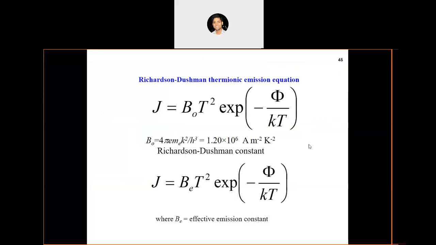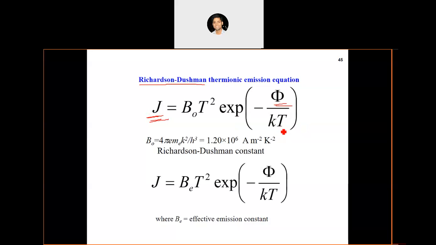Then if we want to define this current density, that can be defined by the Richardson-Dushman equation, and it comes out that it depends on the work function of the material, which is very intuitive, as well as on temperature. If the work function of the material is high, the current density will be lower, because fewer electrons will be emitted.